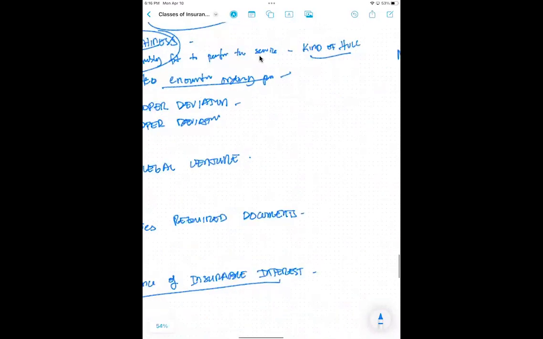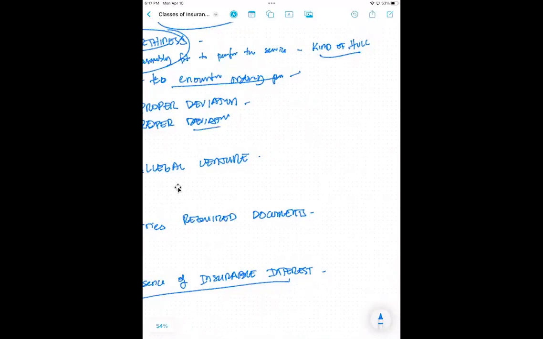Now what is actually a deviation? Deviation is departure. It's a departure from the course of the voyage, in short.